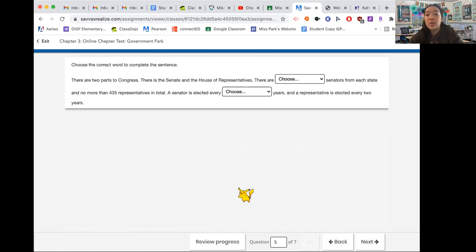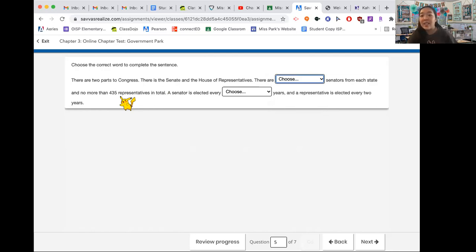Choose the correct word to complete the sentence. There are 2 parts of Congress. There is the Senate and the House of Representatives. There are blank senators from each state. 2, 10, 6, or 4. How many senators are from each state? And no more than, it's not 465, no more than 435 representatives in total.